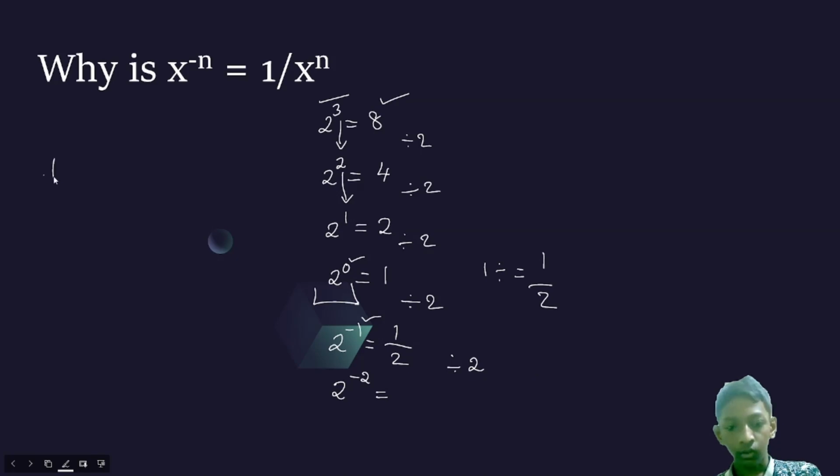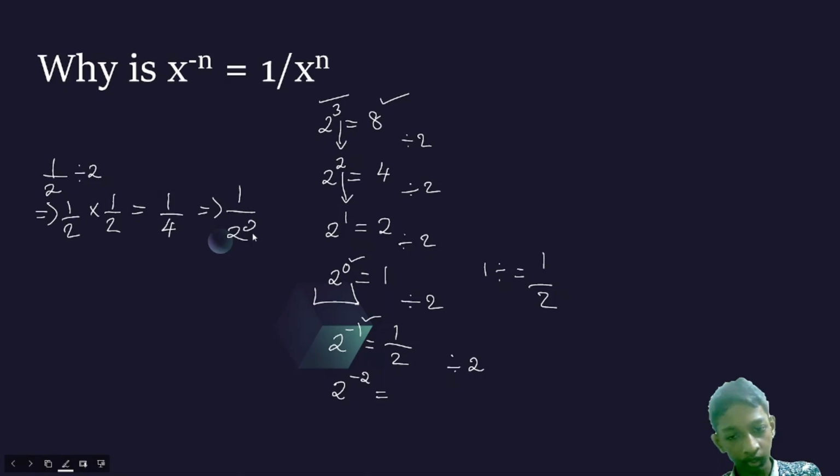So 1 by 2 divided by 2 is equal to 1 by 2 into 1 by 2, and this is equal to 1 by 4, and 1 by 4 is equal to 1 by 2 raised to the power of 2. So the value of 2 raised to the power of minus 2 will be 1 by 2 raised to the power of 2.